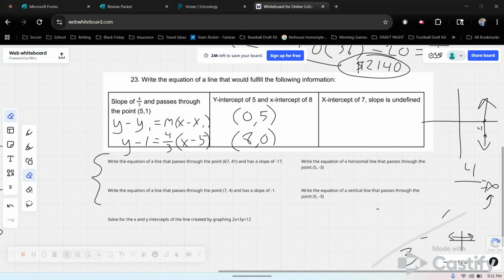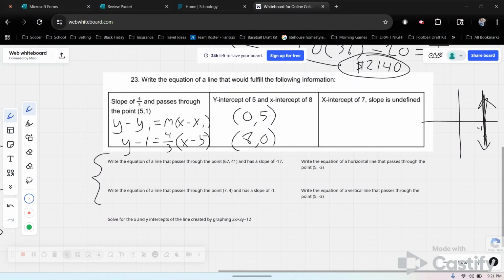There's no y-intercept. There's no slope because the slope is undefined. So if I tell you that the slope is undefined, that means I'm talking about a vertical line. And when you have a vertical line, the equation of the line becomes x equals, because the only thing that we know about the pattern of the line is that all the x values stay the same.